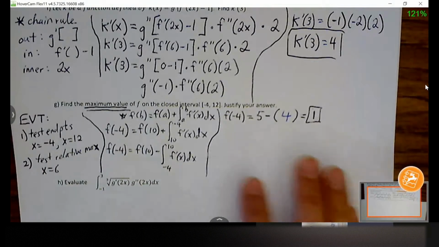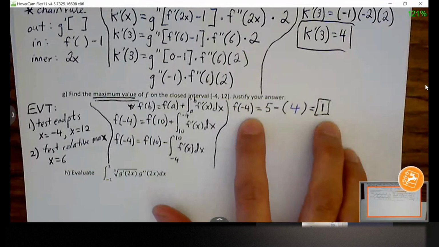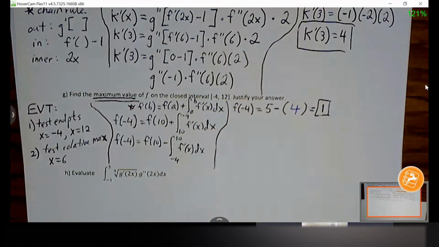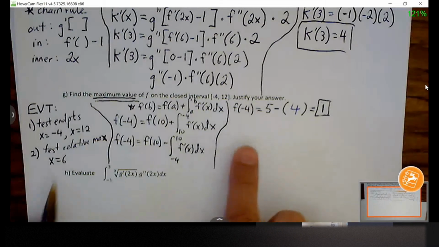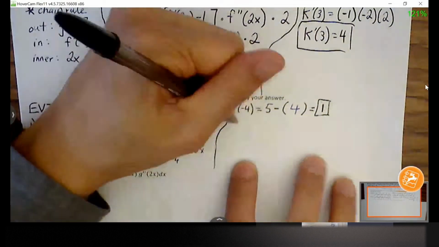I messed up on my key. I need to change that later. Okay, so f of -4 is just 1. All right, next up, f of 6.